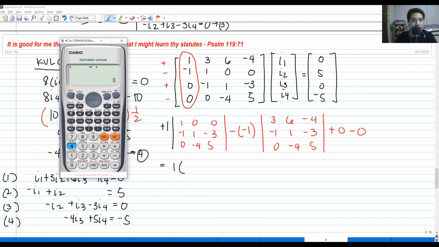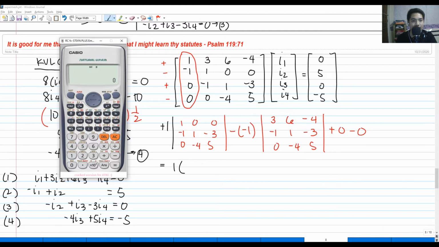So we have shift matrix, dimension of matrix A, 3 by 3. We have 1, 0, 0. Although you can do this manually, I would trust my calculator more. And then we have 5.